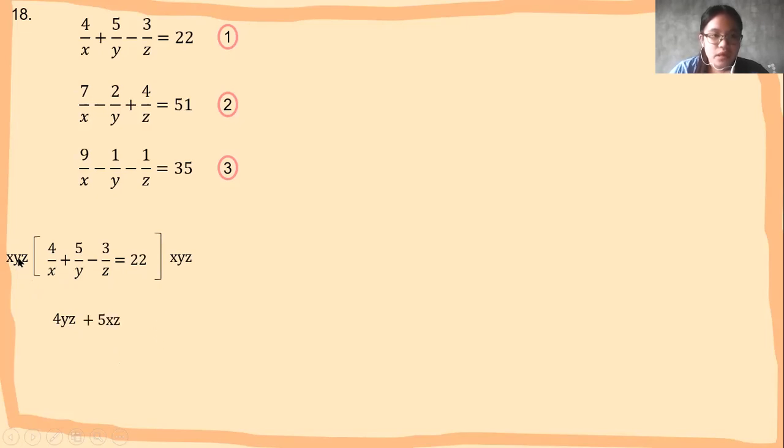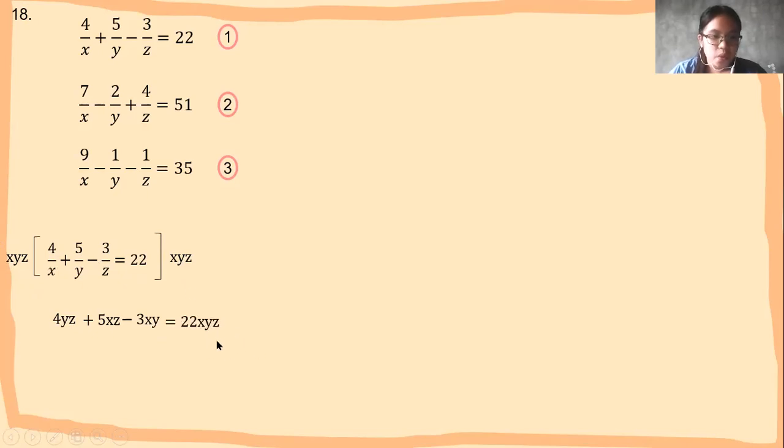Then xyz divided by z is equal to xy times negative 3 is equal to negative 3xy, is equal to 22 times xyz, which will become 22xyz.